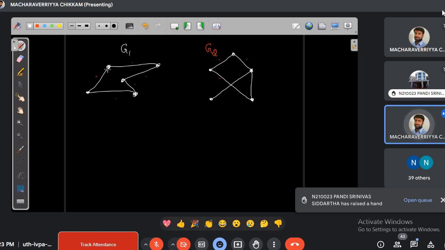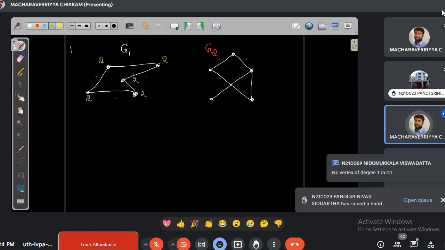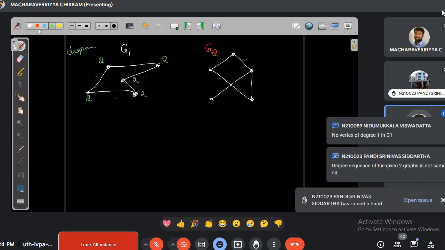Let me write the degrees of each vertex on top of it. For example, this vertex, the degree is 2, 2, 2, 2, 2. Every vertex here is of degree 2. I'm not writing names, this is actually degree. But when it comes to G2, you see the degrees here.